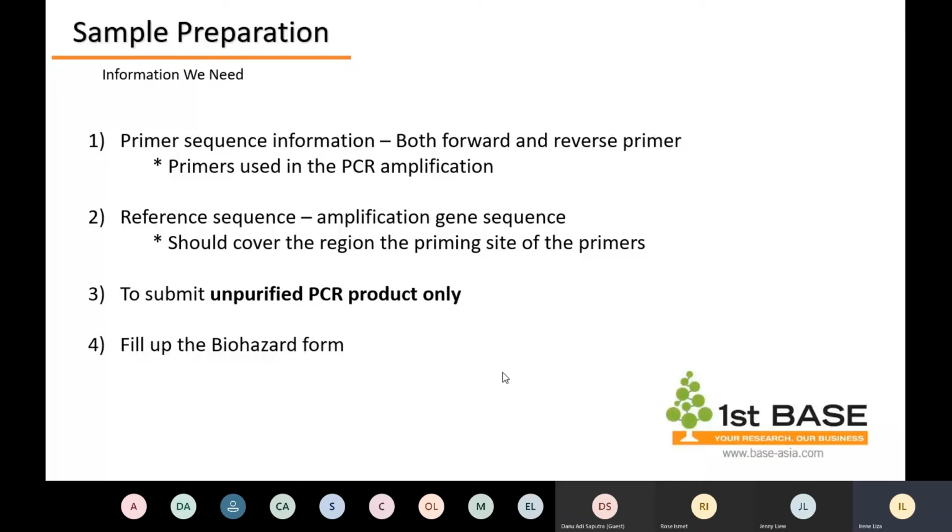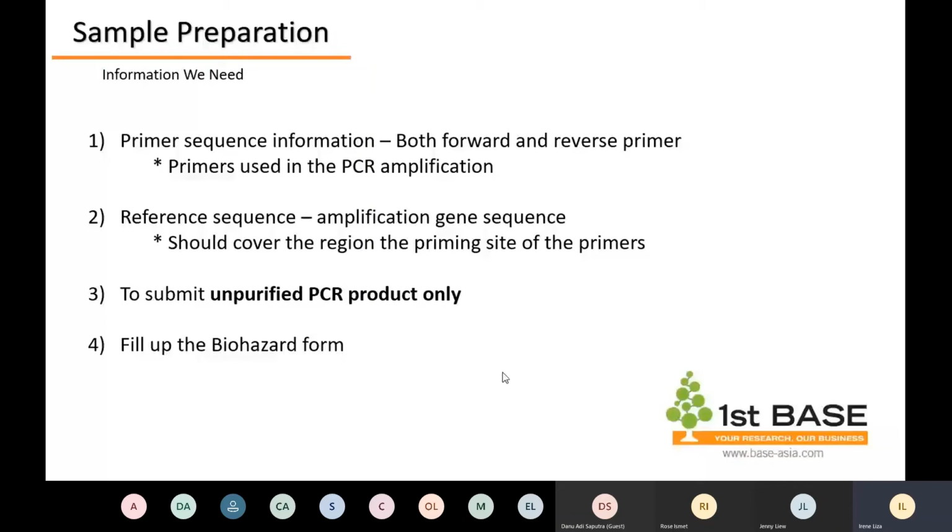The reason we want the reference sequence is that later, using the codon aligner, we will do this analysis to see if there is any mutation, deletion, or insertion.